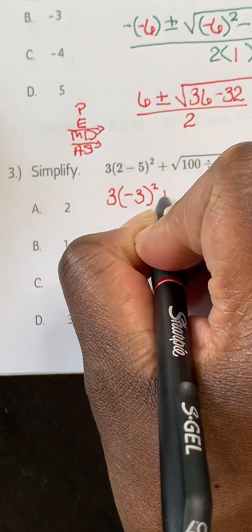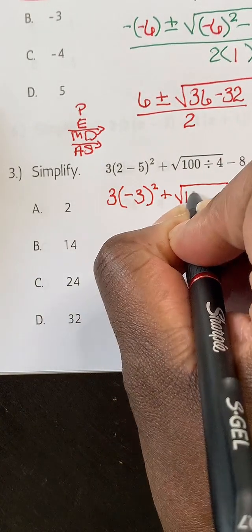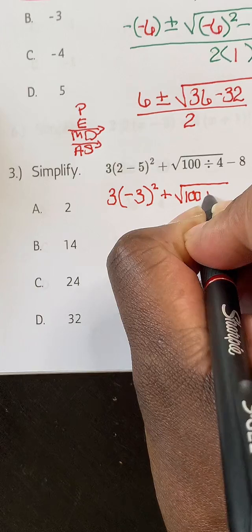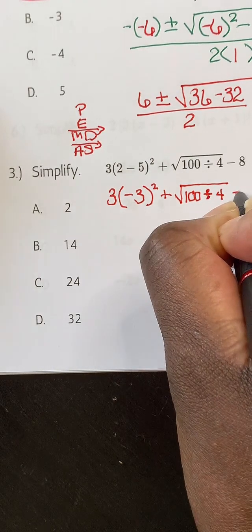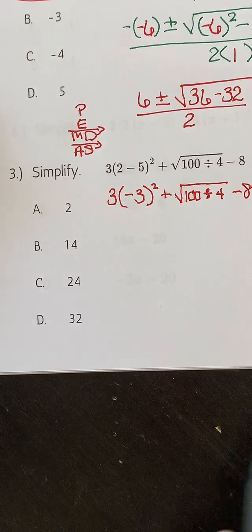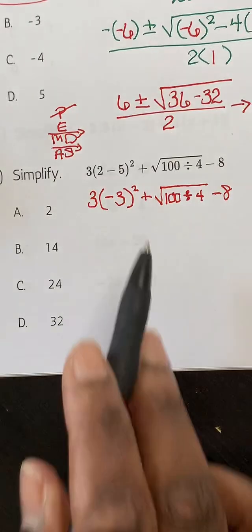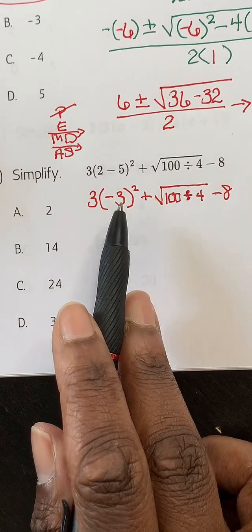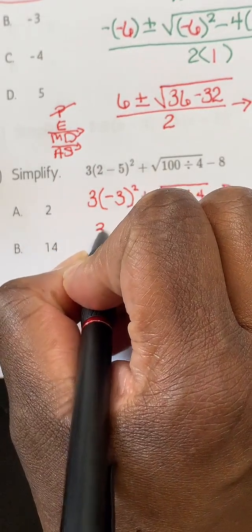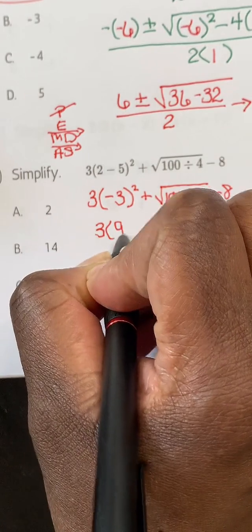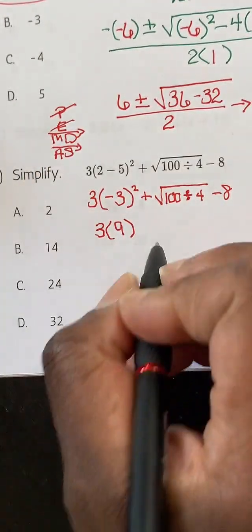That's being squared, plus we have our square root of 100, divided by 4 minus 8. Okay, so our parenthesis we took care of. Boom. Now we got to do our exponent. So negative 3 squared, that gives me 9. So it's 3 times 9. Okay. Took care of the exponent.